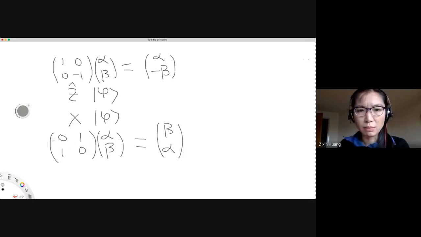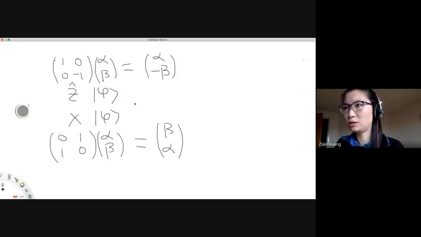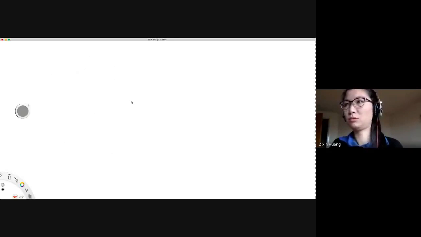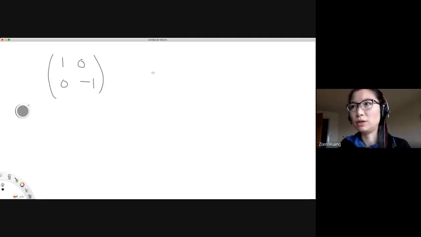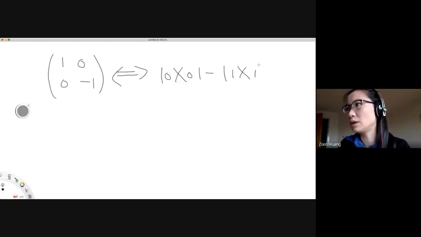It may be slightly less obvious that the Z operator, [1, 0; 0, -1], can be written in bracket notation like this: ket 0 bra 0 minus ket 1 bra 1.